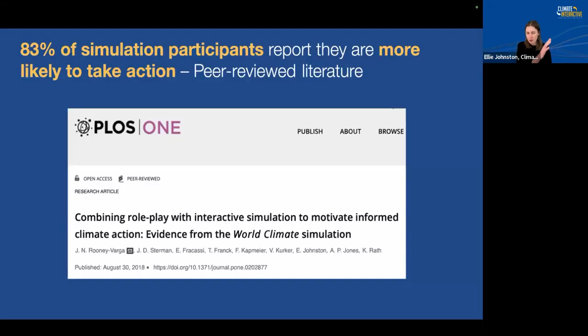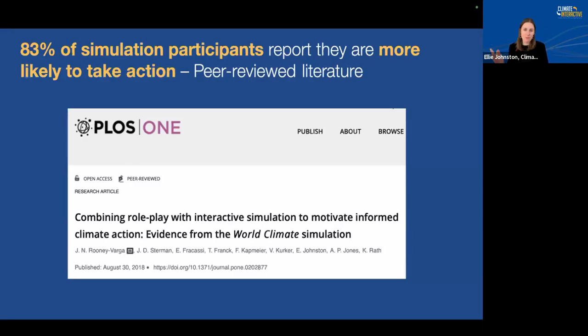They looked across a whole number of different things by doing pre and post surveys of participants, and in some cases following up with them with some time after they had experienced it, just to see if they remembered participating in the event.